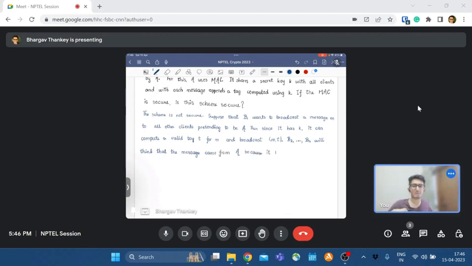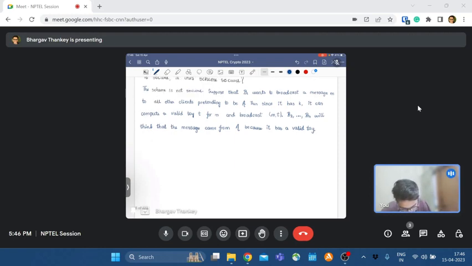So B1 can impersonate A, and the solution for this would be the following.